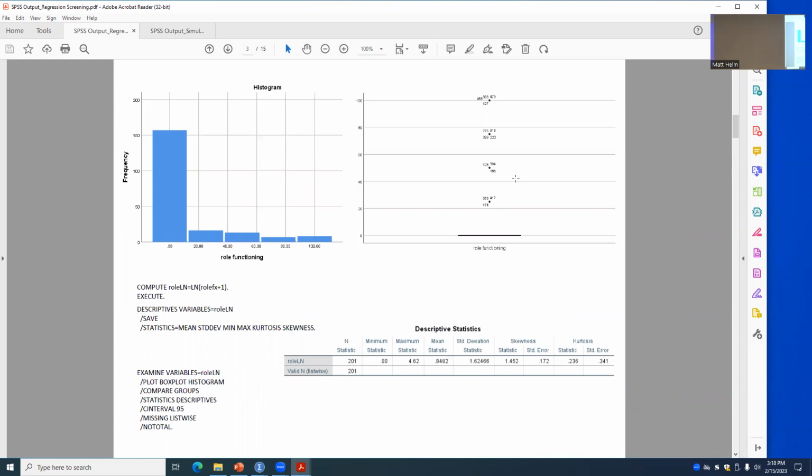So we've got some problems with this. Okay, we've got high skew, we've got problems with kurtosis. And so if I were to proceed with this, I can expect every other screening thing that I do is going to be way off base because the whole thing is going to be wrong. Okay, so what are our options?